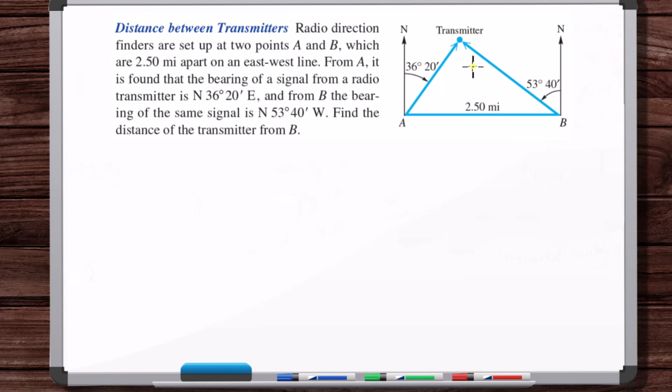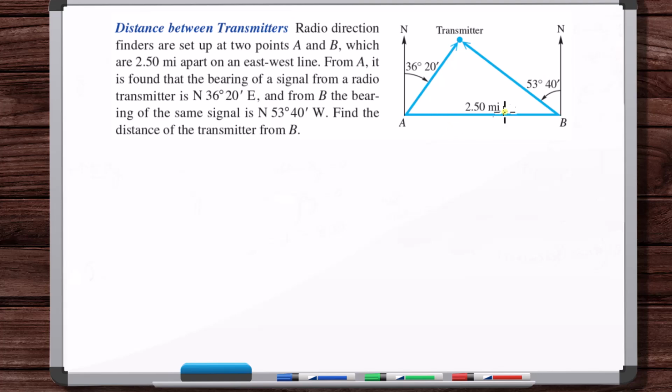For a situation like this, and for a lot of navigation, you're always going to end up with a right triangle this way, no matter what, if your measurements are from north, and this one's east, this one's west. So here's an application that involves pure trigonometry.